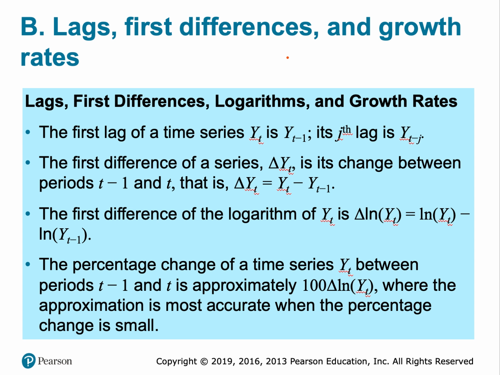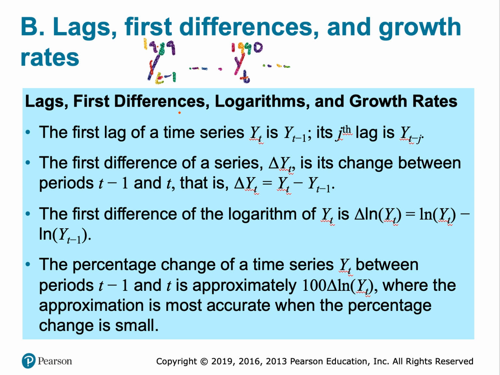So if we have a time series and let yt be 1990, then yt minus 1 would be 1989, for example.